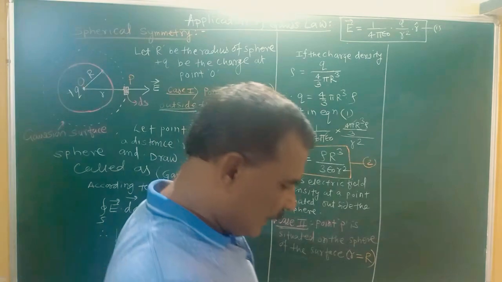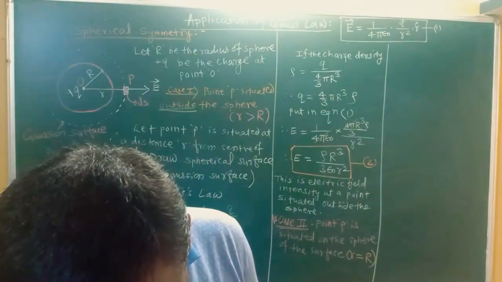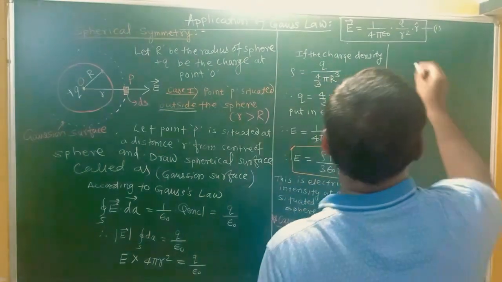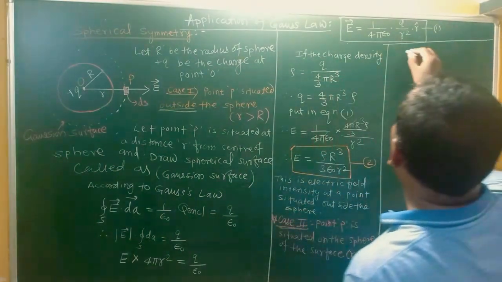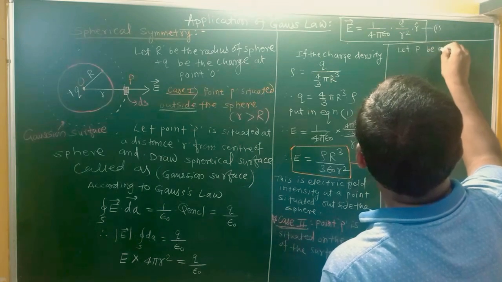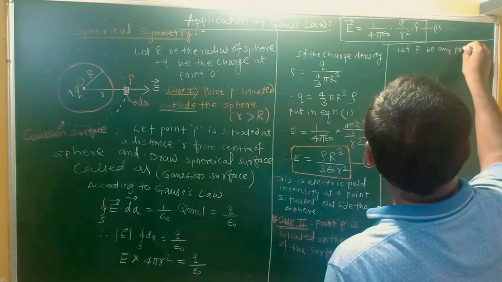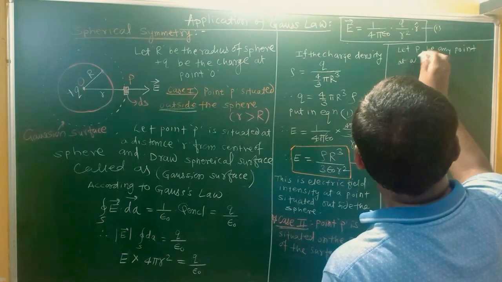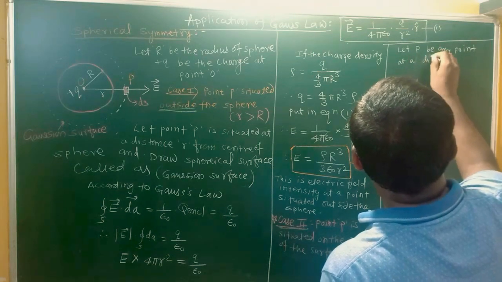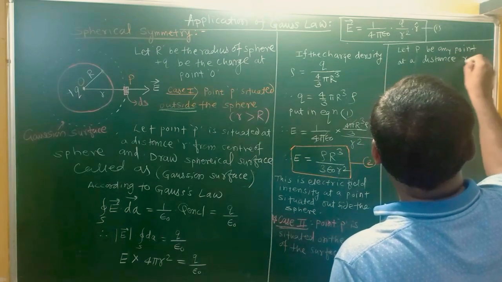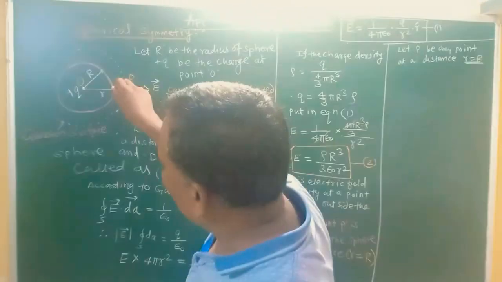Again we have to say that let P be any point at a distance small r equal to capital R. Means this point comes here.